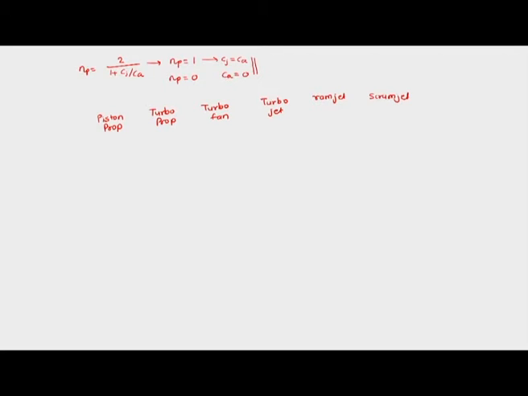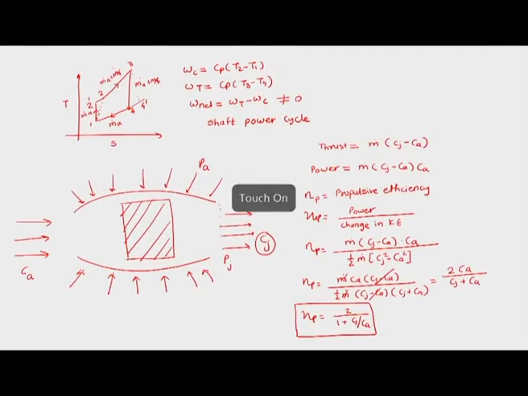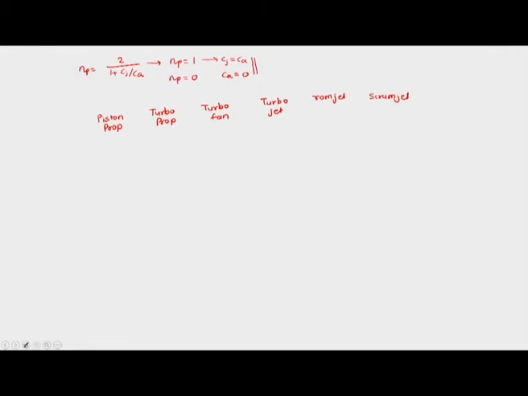These are the different aircraft we can generally see in the sky or in the present situation. These different aircraft have different propulsive efficiencies, and they can be compared.